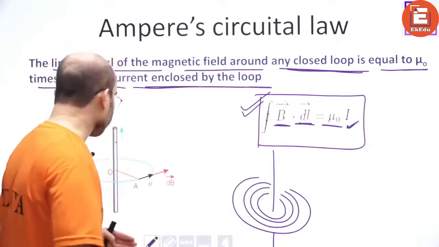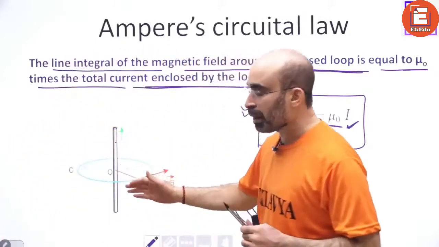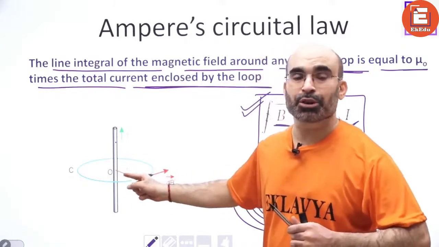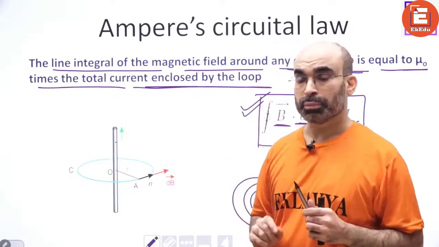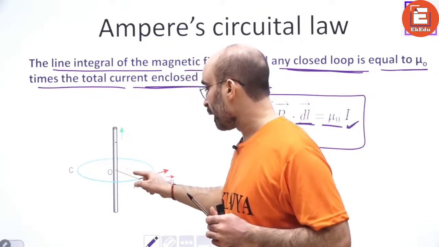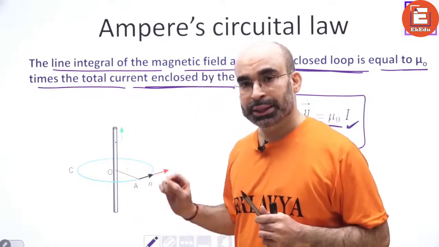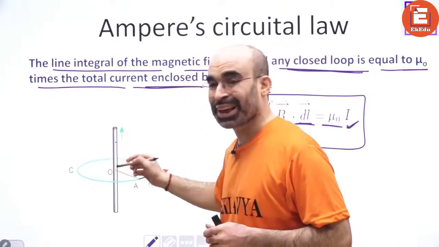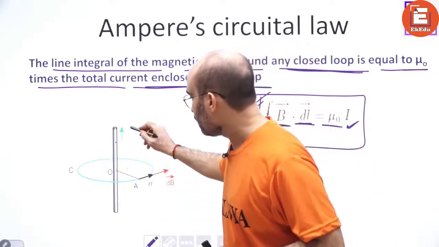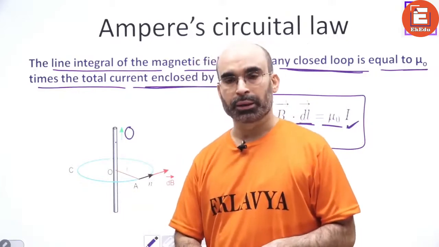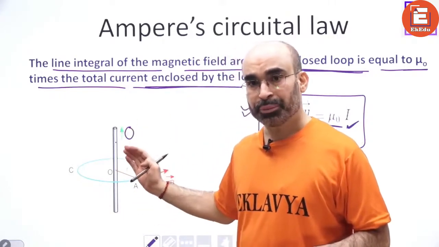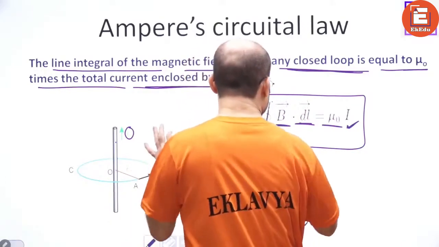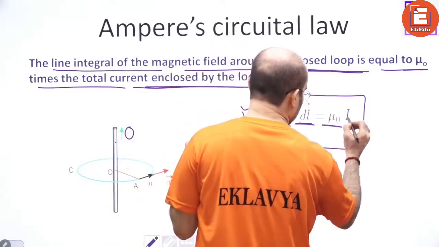So here, if we consider that the loop of this magnetic field is of radius r, then we have to consider that this loop is enclosing the current I. So mu naught into I.